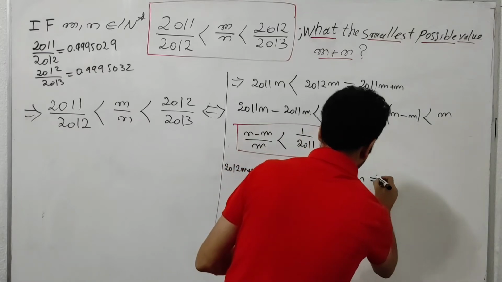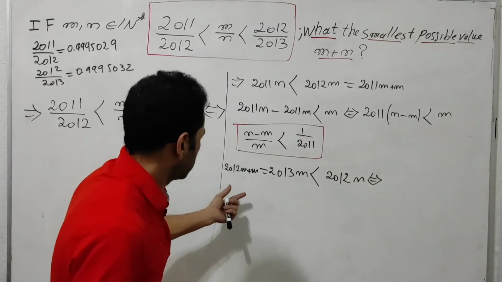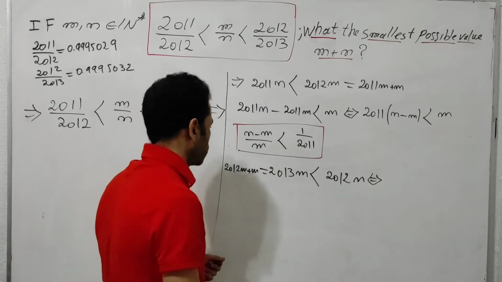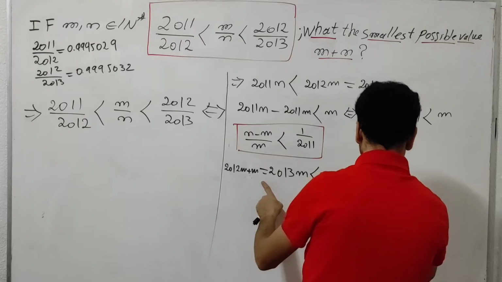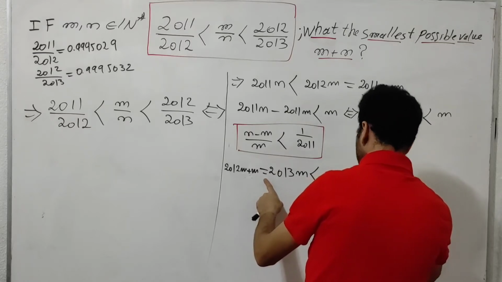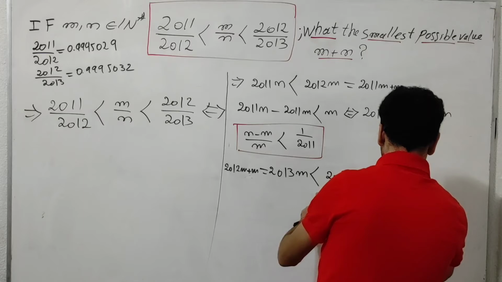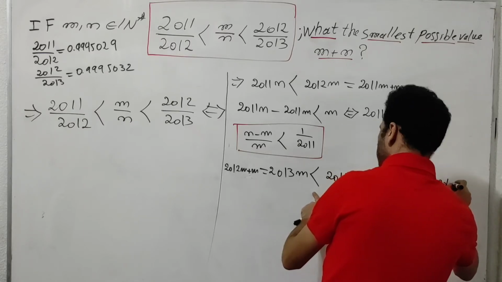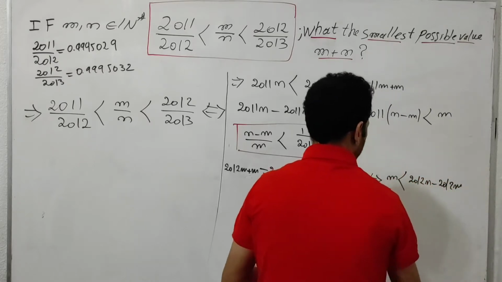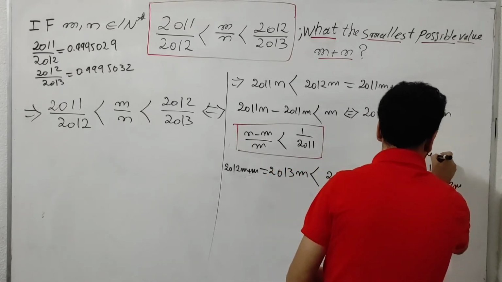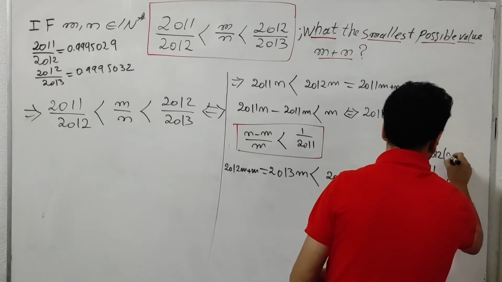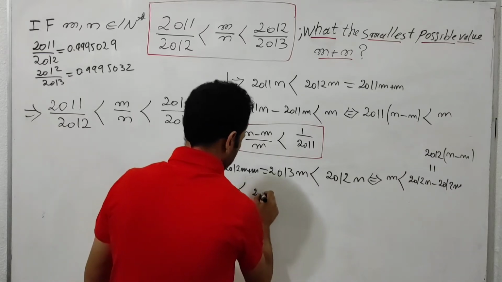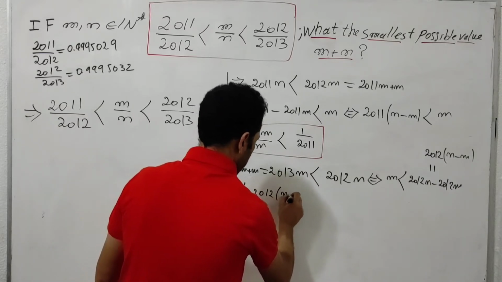Equivalently, I bring 2012 m to the right-hand side, and I get m is strictly inferior to 2012 n minus 2012 m, which equals 2012 multiplied by n minus m. So m is strictly inferior to 2012 multiplied by n minus m.